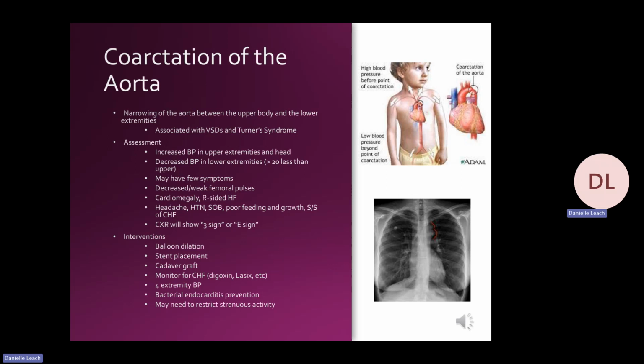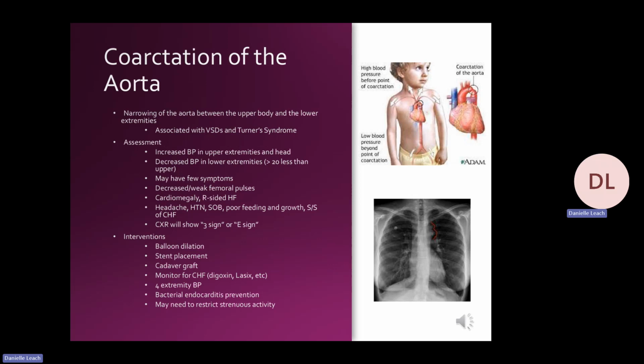Assessment-wise, if we know that the child has coarctation of the aorta, they almost always have 4-point BPs ordered because of these symptoms. The patient usually has an increased blood pressure in their upper extremities and a decreased blood pressure in their lower extremities.